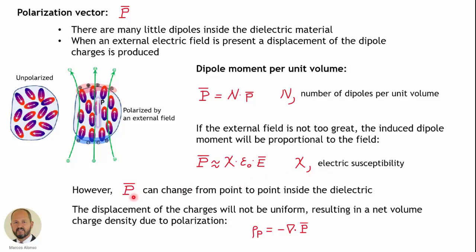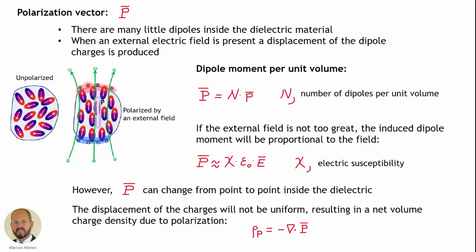And also we have to take into account that P can change from point to point inside the dielectric, and therefore the displacement of the charges will not be uniform, and this will result in a net volume charge density due to polarization. We can see this here.